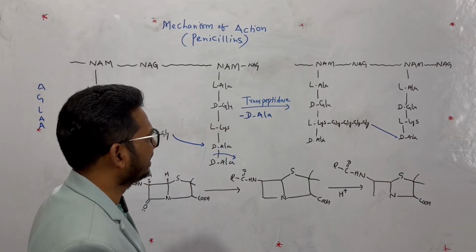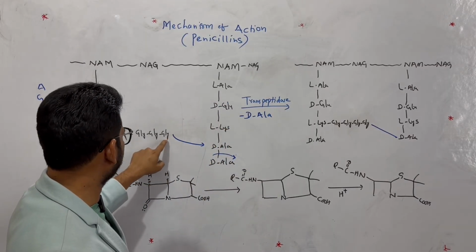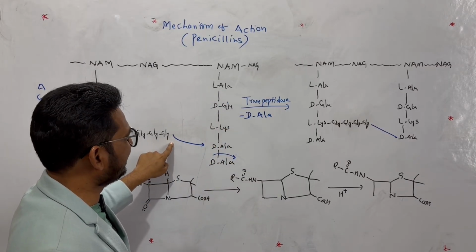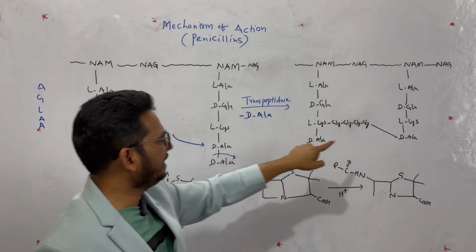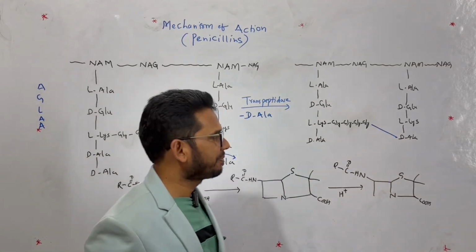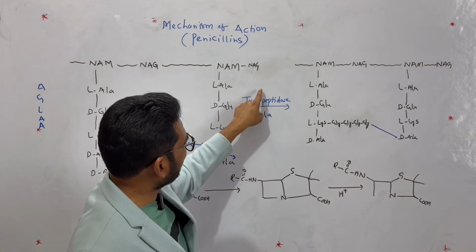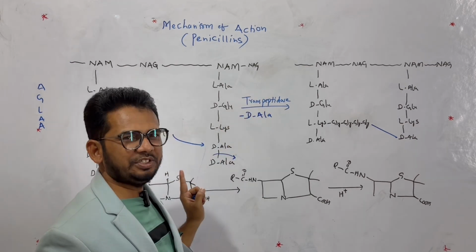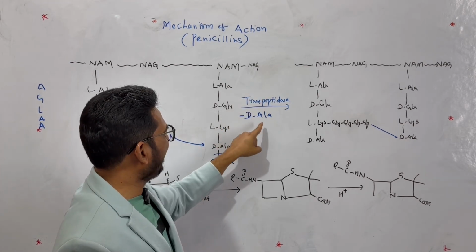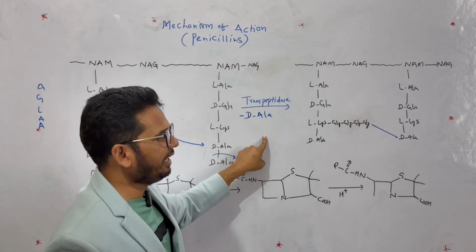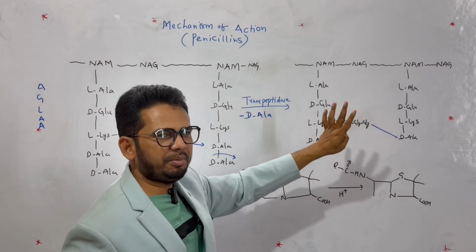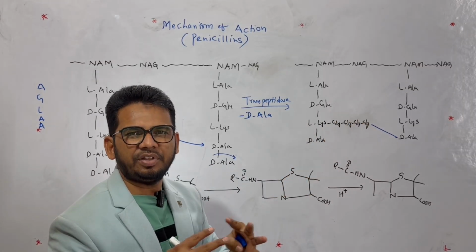Just see, cross linkage between the side chain of the glycine, which is attached to the lysine, and the D-alanine, with the help of which enzyme? Transpeptidase. It is helpful for the formation of the protein, that is, cross-linking of the protein.